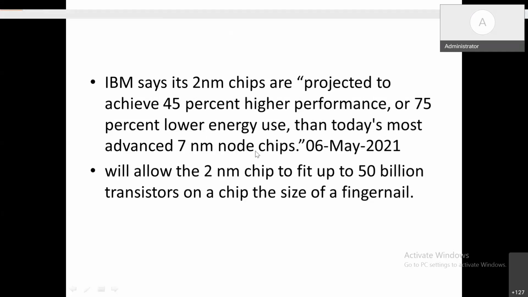This is what IBM says. They say it will allow a 2 nanometer chip with 50 billion transistors on a chip the size of a fingernail. So this is what IBM projects: a 2 nanometer chip with 50 billion transistors on the chip area.